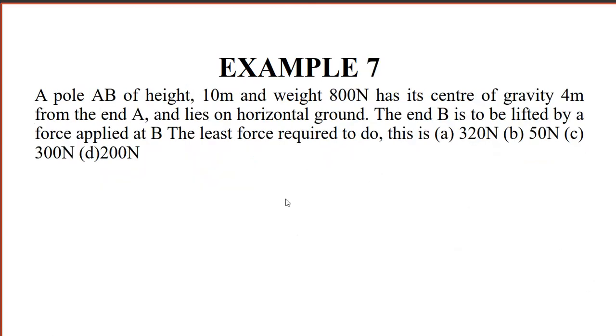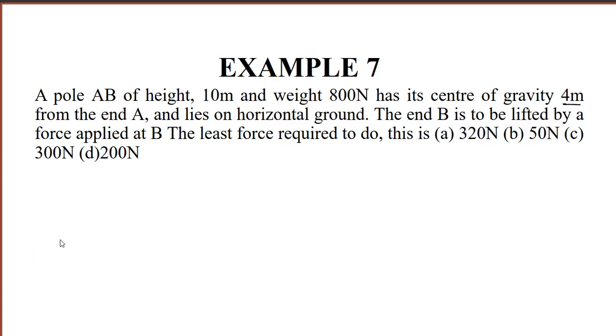A pole AB of height 10 meters and weight 800 Newton has a center of gravity 4 meters from the end A. Now because the pole is not uniform, the weight will not be at the middle. So we're given the weight is at 4 meters from the end A and lies on a horizontal ground.